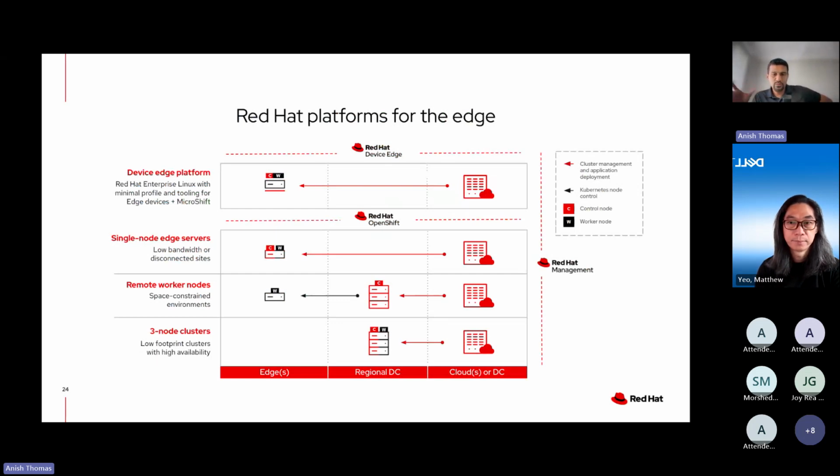When it comes to deployment models, you have a choice and flexibility on how you can deploy OpenShift. For example, you have a main data center where you have enough resources. You can deploy it in a proper way with three controllers and three worker nodes. You also have an option to add infrastructure nodes.